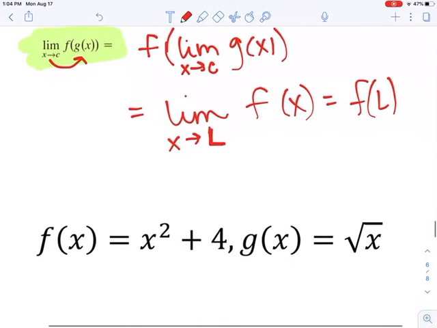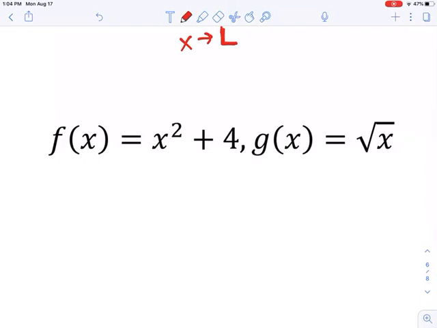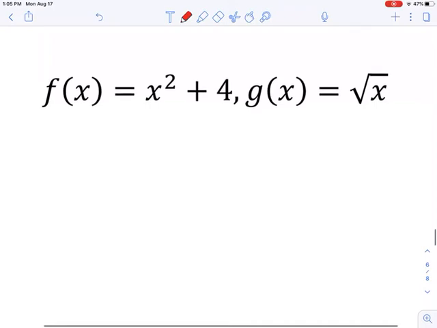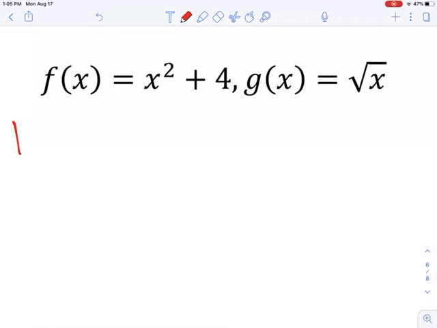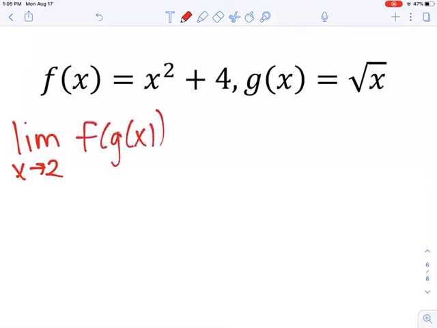So let's go through that with this example here. I'm going to do the composition limit.